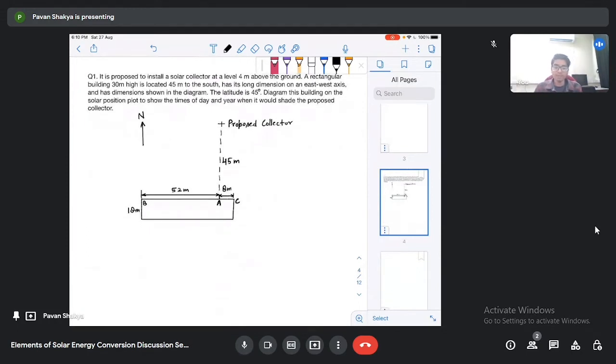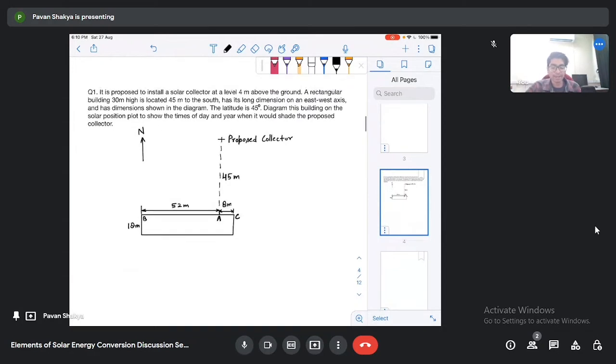The first problem is given. It is proposed to install a solar collector at a level 4 meter above the ground. A rectangular building 30 meter in height is located 45 meter to the south, has its long dimension on an east-west axis and has dimensions shown in the diagram.